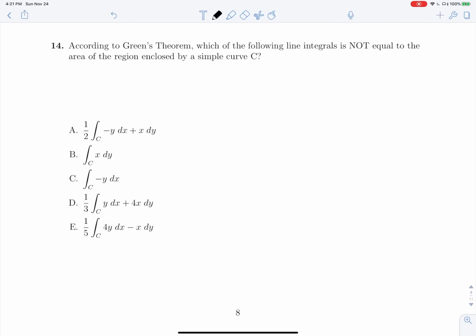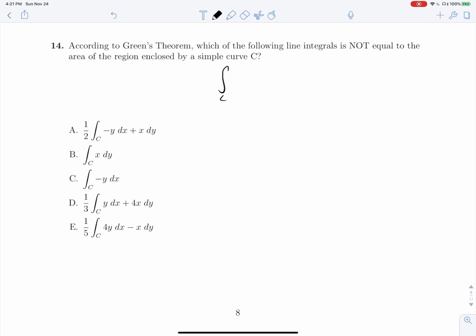Okay, according to Green's theorem, which of the following line integrals is not equal to the area of the region enclosed by a simple curve C? So we know that Green's theorem states that, oh sorry, I should be more specific.